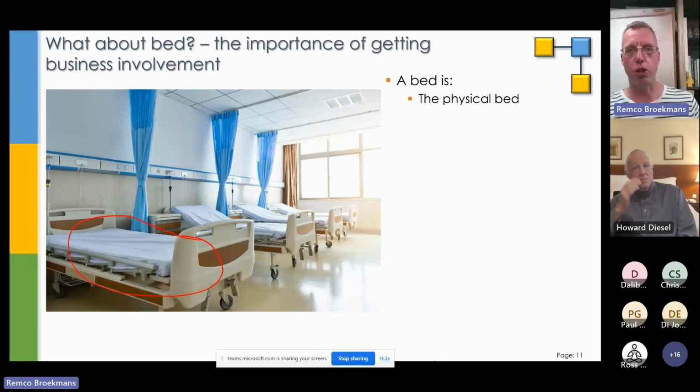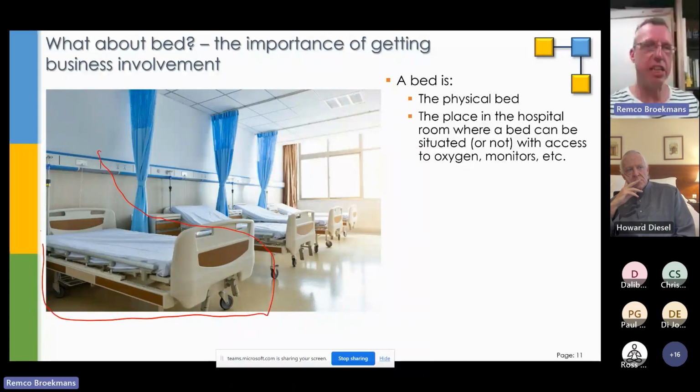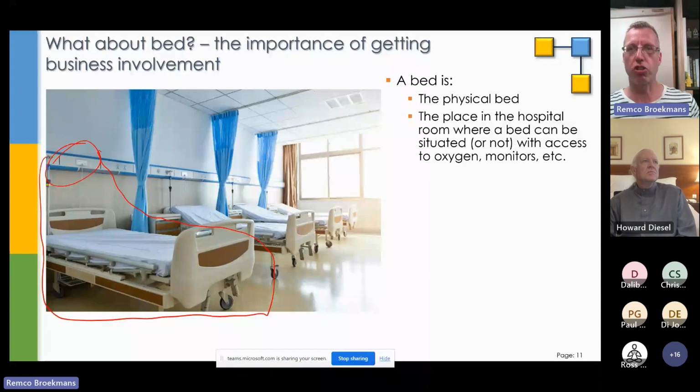There's a mattress on it, there are wheels on it, there is whatever on it. That's my bed. And some person said, yeah, but you know what? The bed is not just the physical one, but it should include the physical space, including where we could hook up monitors and oxygen and all that kind of stuff. So it's a place, right? So it's not a thing.